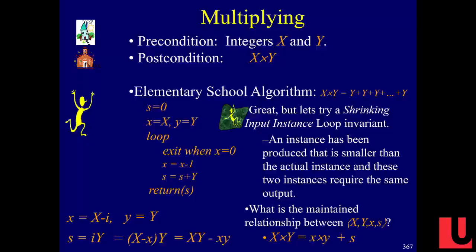The reason I like this loop invariant is that it's like what we were doing with the GCD algorithm. We have little x and little y, and more or less they're the answer we're looking for, except we have this extra s in there. Everybody see this loop invariant? Nothing else changed.